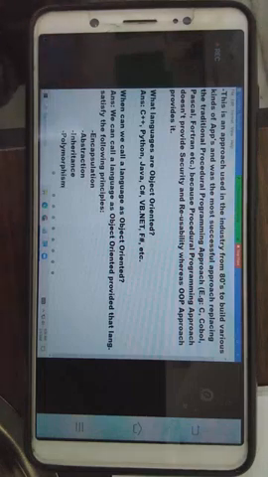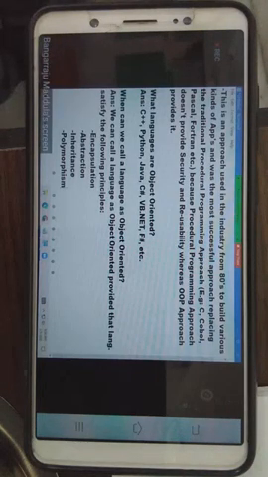I repeat, if you want to call a language object-oriented, the language has to satisfy these principles. So any language which satisfies these four principles, we call that language object-oriented. What are the principles? Encapsulation, abstraction, inheritance, polymorphism. So any language that has these four principles can be called an object-oriented programming language.